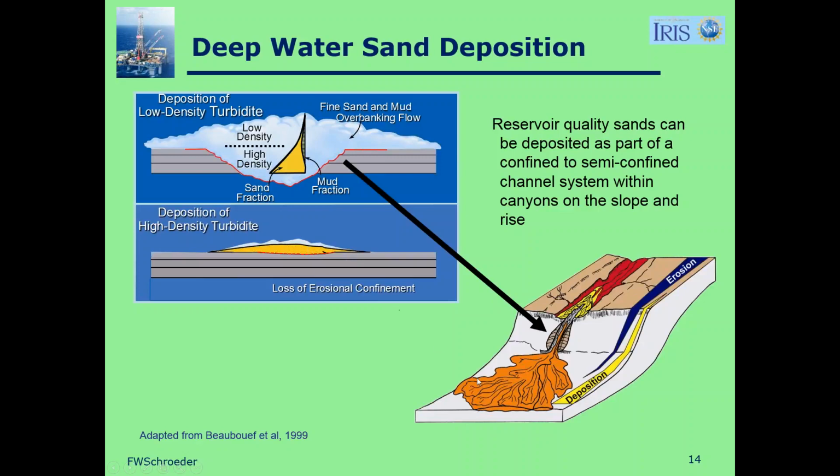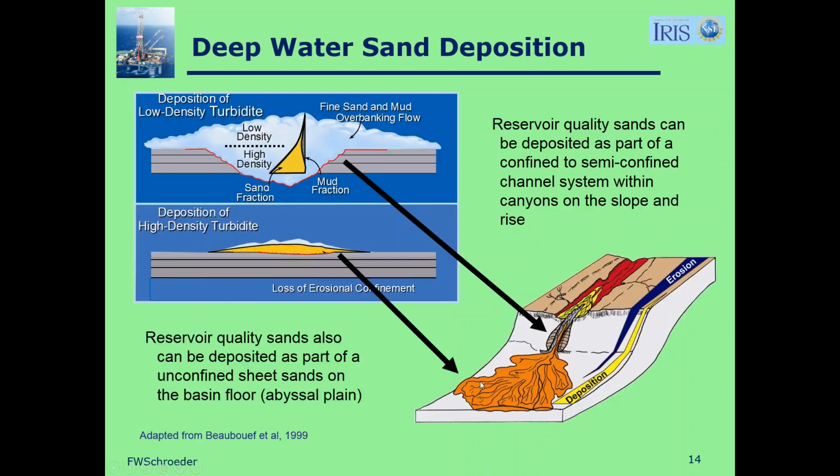The medium and finer grain material gets sorted to be deposited further away from the distributary channels. So we can get reservoir quality sands during periods of turbidite deposition, which are largely associated with low stands of sea level in the continental slope and out into the basin floor near the toe of the slope.